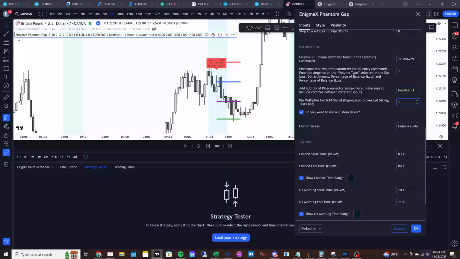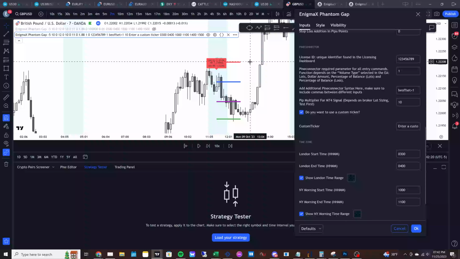Pip multiplier. Depending on your broker and your contract size, this can vary. For FTMO, it's 10. For something like Henko Trade, I want to say it's 1,000 or something like that. But again, this is why you demo test everything before using a live account, because it's going to say your stop loss is, let's say, 30 points away.